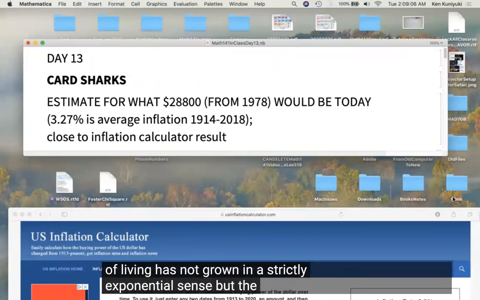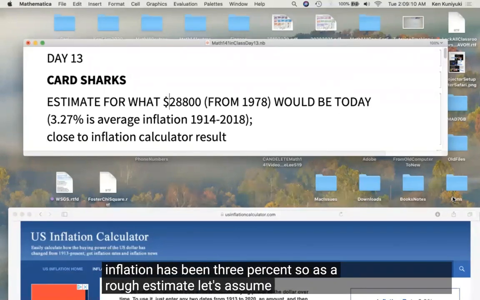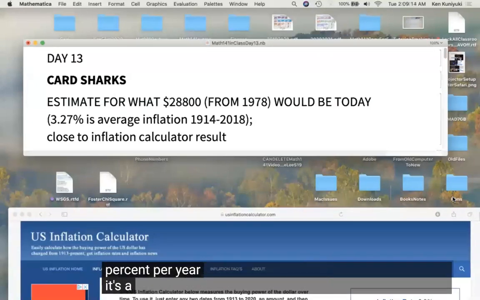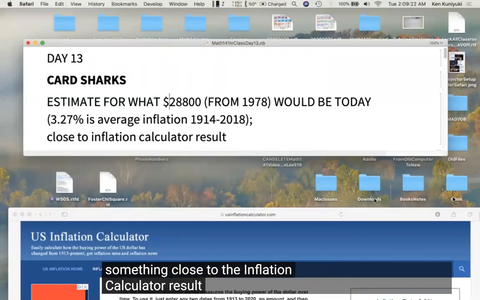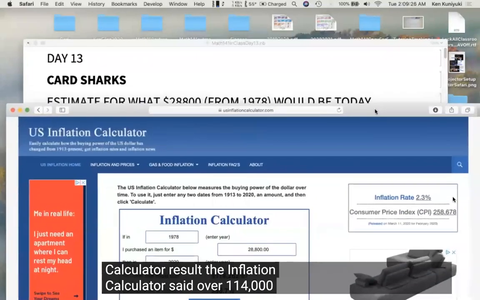But average inflation has been 3%. So as a rough estimate, let's assume that inflation has stayed constant at 3% per year. It's a very simplifying assumption, but it will help us with modeling and with estimates. We get something close to the inflation calculator result. The inflation calculator said over $114,000.